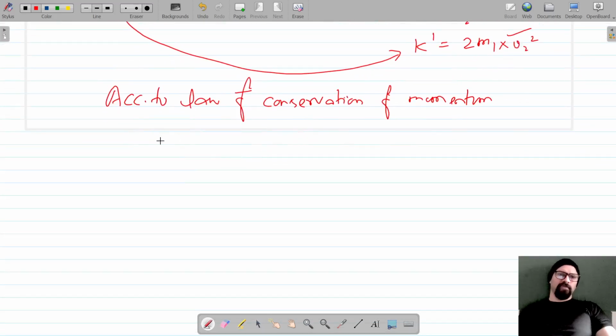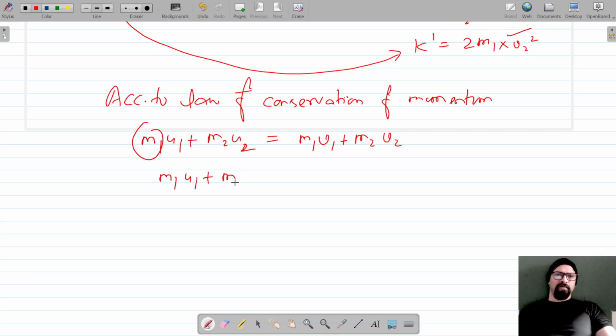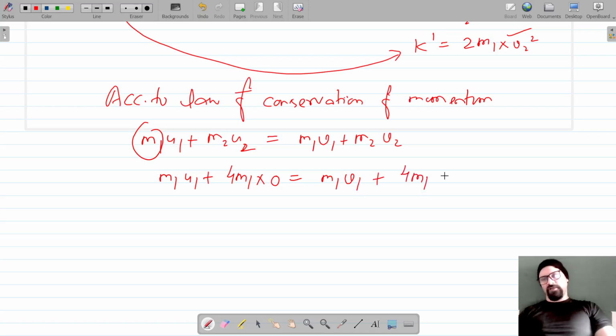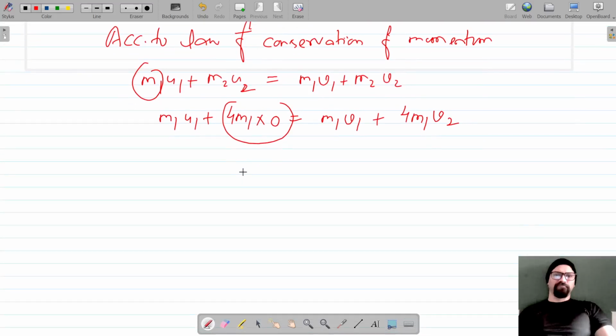According to the law of conservation of momentum, initial momentum is equal to final momentum. So m1 u1 plus m2 into 0 equals m1 v1 plus m2 v2. Here m2 is 4 times m1, and the initial velocity of the second is 0.